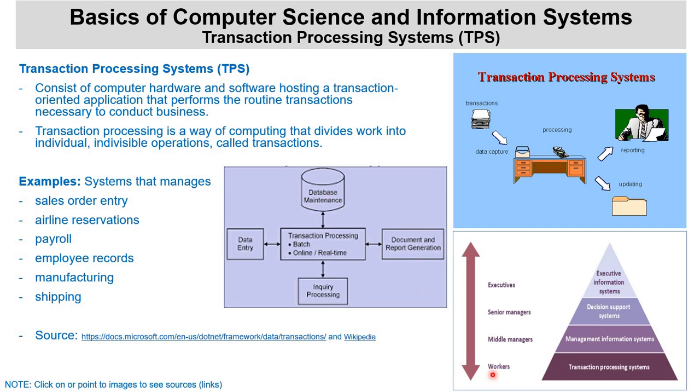And basically this happens at the lower level here, where you are mostly involving the workers who are mostly doing the work. And so here's also an example: the transaction fed into some kind of system that captures it, processes it, and it's being reported, and you can also update.